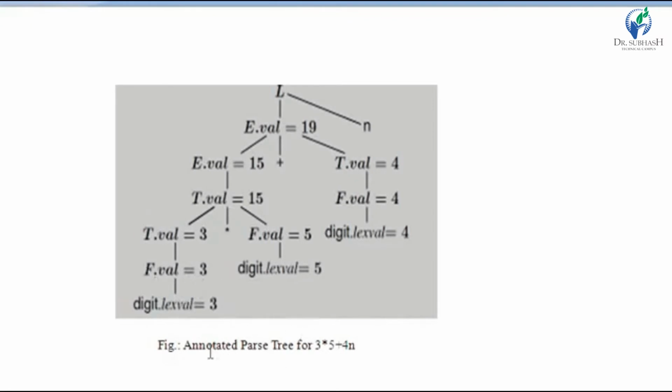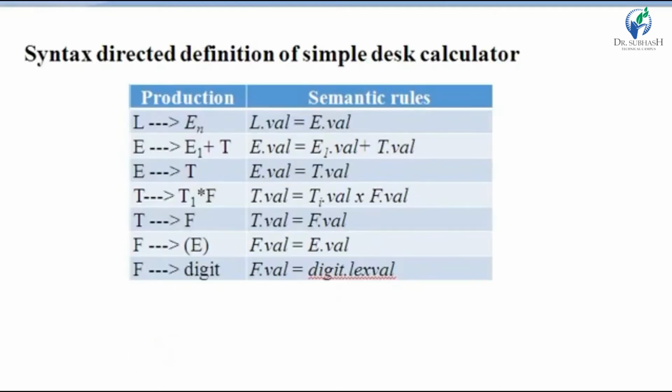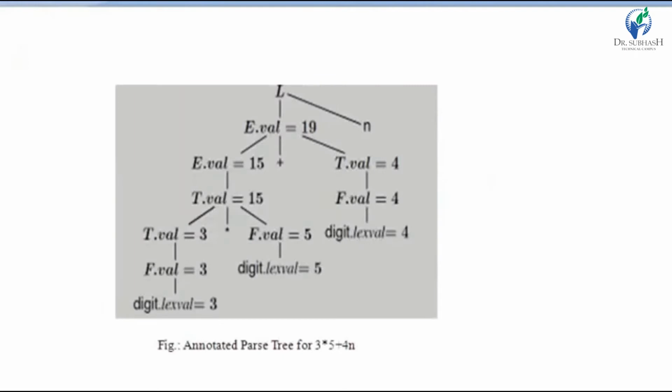So draw the annotated parse tree for 3 into 5 plus 4n according to this simple desk calculator. In syntax directed definition, it calculates value from its children. So draw the tree from bottom to top.